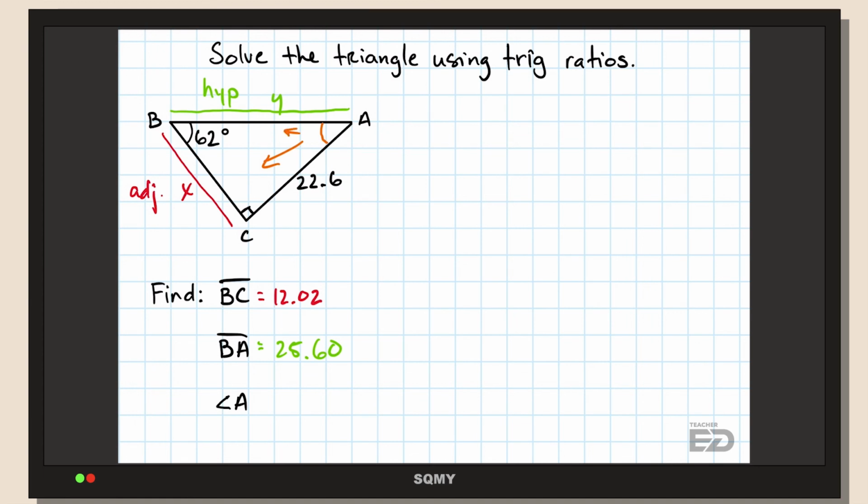Opposite and hypotenuse we know is sine. So let's say sine of angle A is equal to 12.02 over 25.60. Put that into our calculator. Remember, use the sine inverse of 12.02 over 25.6. And that's going to give us angle A is equal to about 28 degrees.